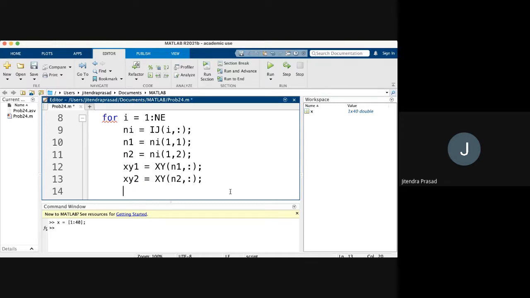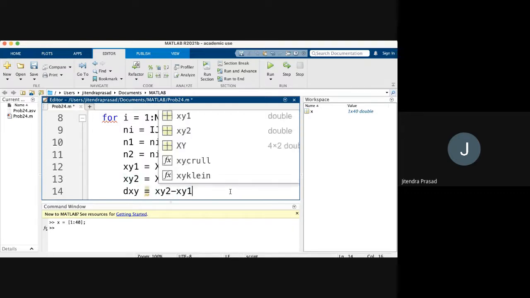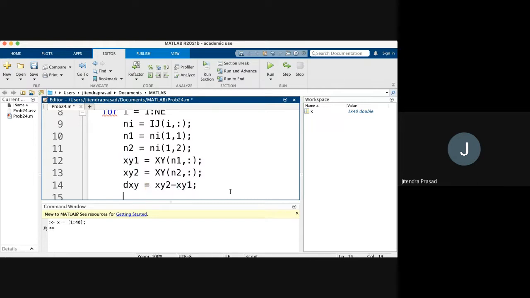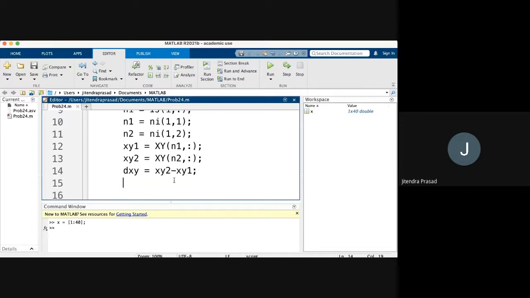Okay, now dxy gives you the difference between the two. So you can write xy2 minus xy1. And so we get the differences of the two, right?